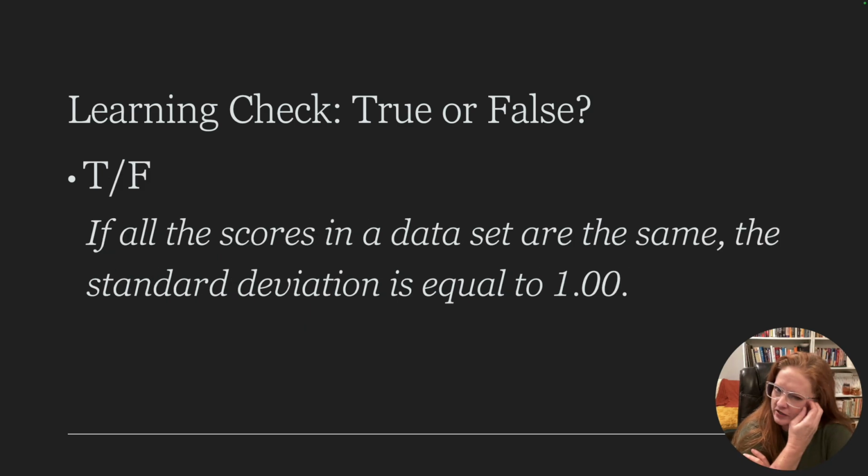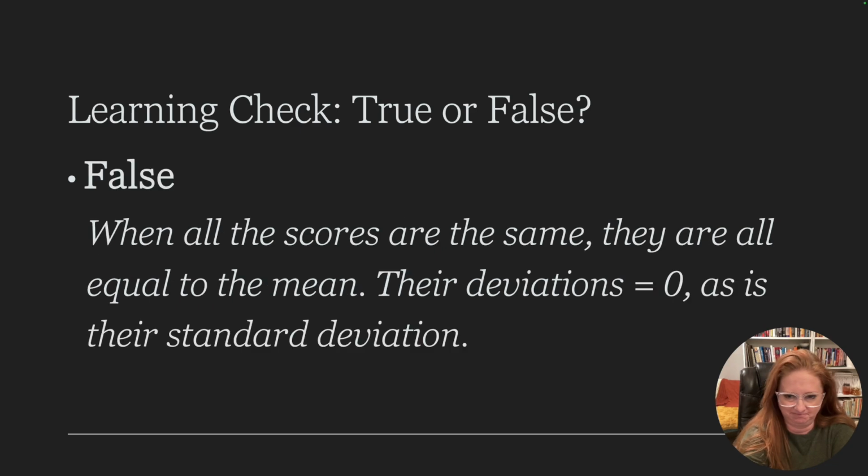Okay, true or false? If all the scores in a data set are the same, the standard deviation is equal to 1. Zero. Remember? Again, think number line.